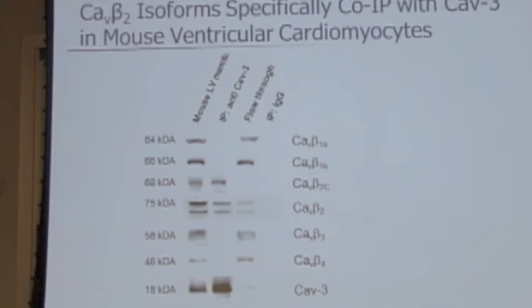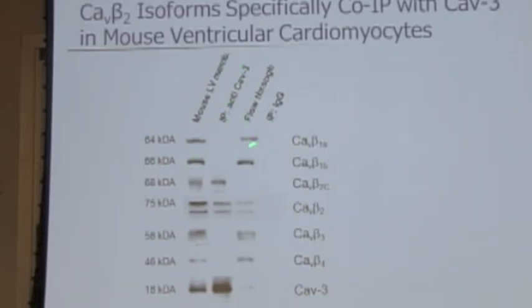We tried to confirm this with antibody staining for the beta subunits for which we had antibodies available, and furthermore to look and see which ones were associated with caveoli. So, for example, if we used an antibody to the beta 1A subunit that is present in the heart, we saw that if we immunoprecipitated with Cav3, we didn't pull it down.